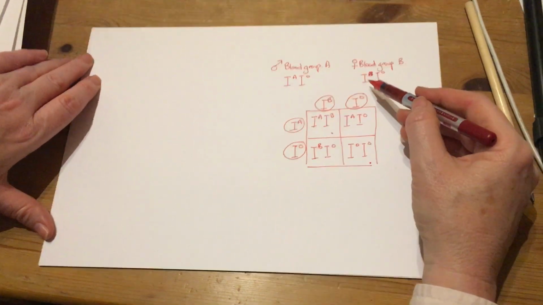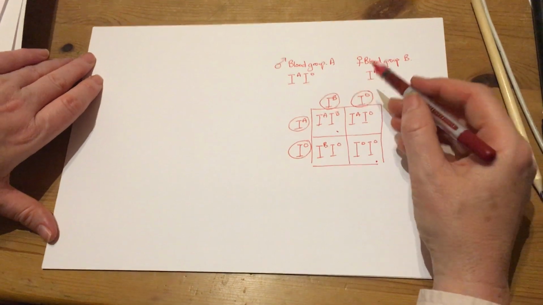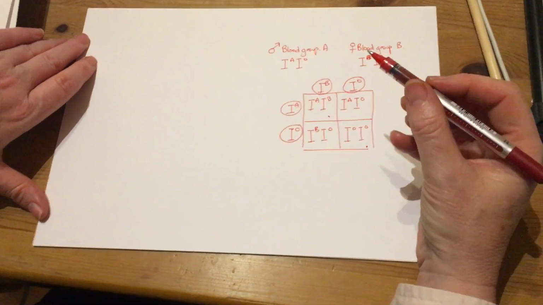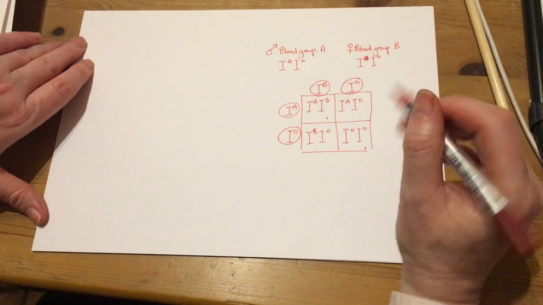So you have to be a little bit careful to make sure you understand your genetics, because if you go home and find out you've got a different blood group from both of your parents, that does not mean that you are adopted.